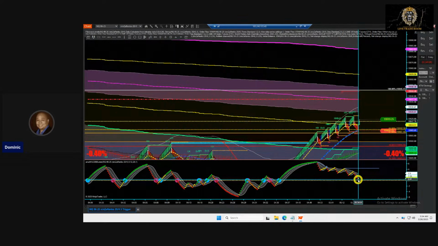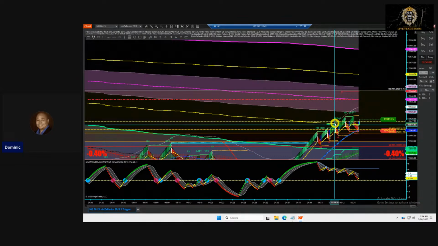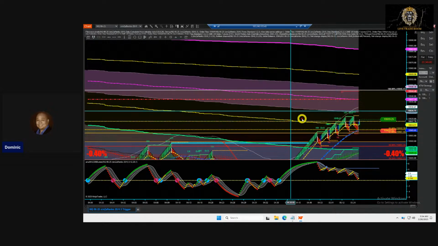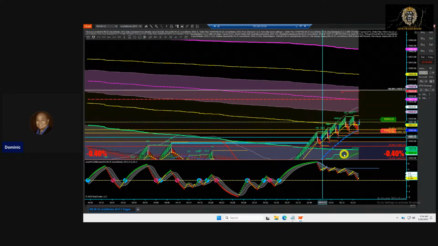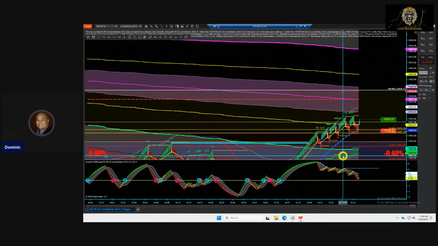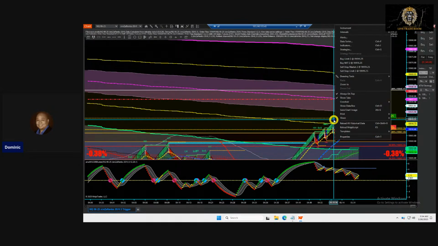See, it never made below the zero line, right? Let's see what this bar does. There it is. Yep. So now they're increasing this.